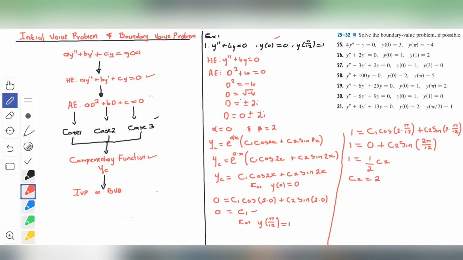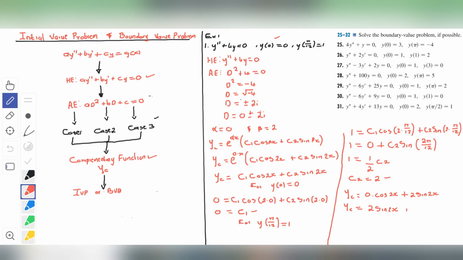So we now have the two values, and we can substitute them into the original complementary function. Our YC is going to be: C1 is 0, multiplied by cosine of 2x, and C2 is 2, so plus 2 sine of 2x, right? 0 multiplied by anything is 0, so we'll be left with 2 sine of 2x.